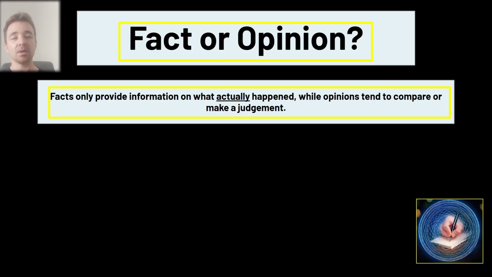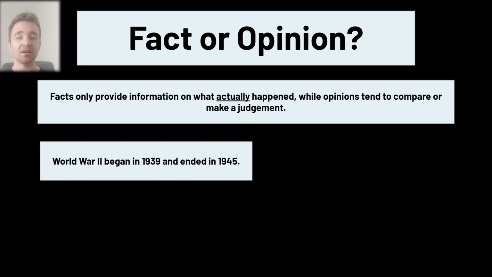A fact might be World War II went from 1939 to 1945. Whereas an opinion might compare the two and say World War II was much worse than World War I. You're making a comparison there, right? And someone might disagree with you. That's just your opinion.